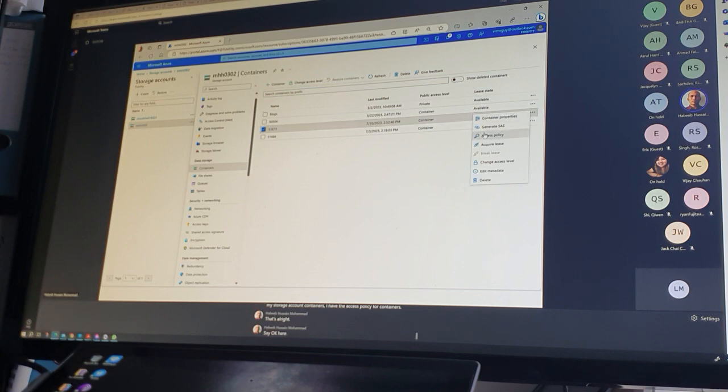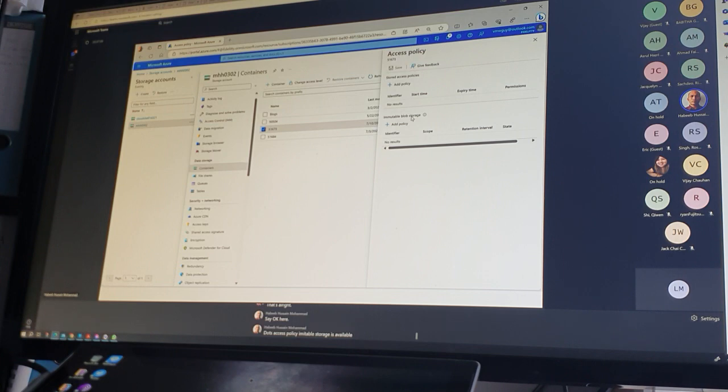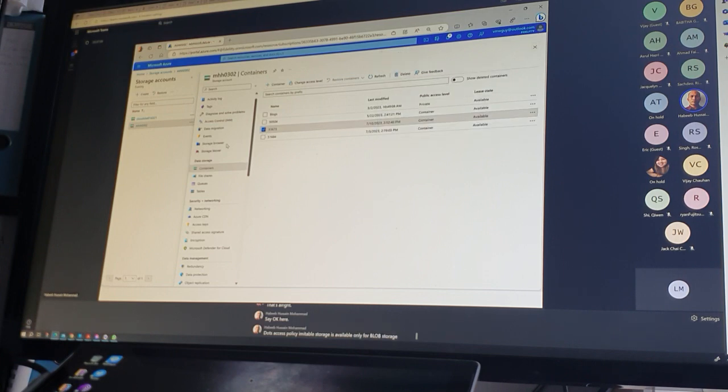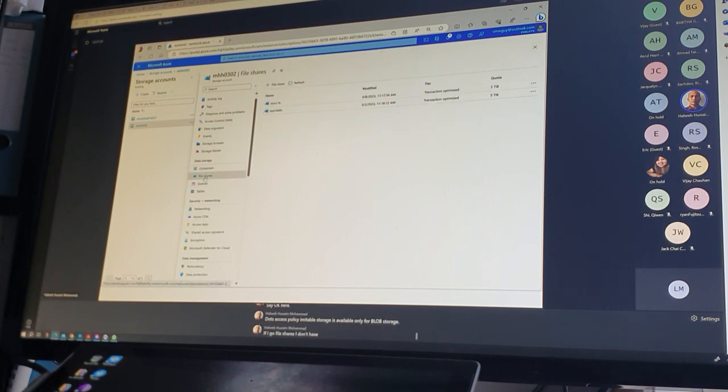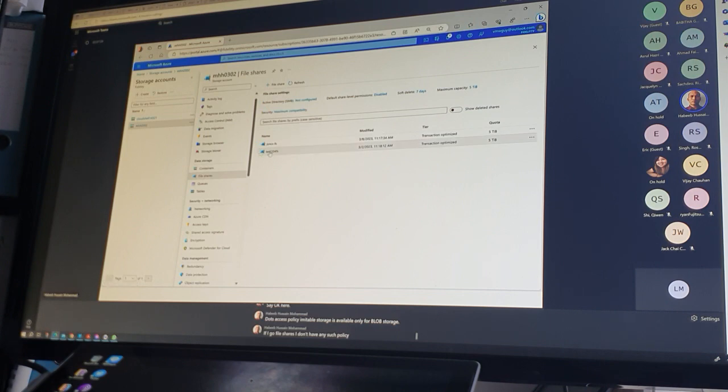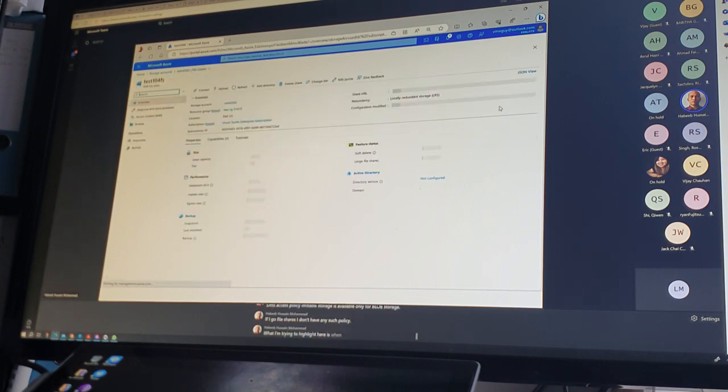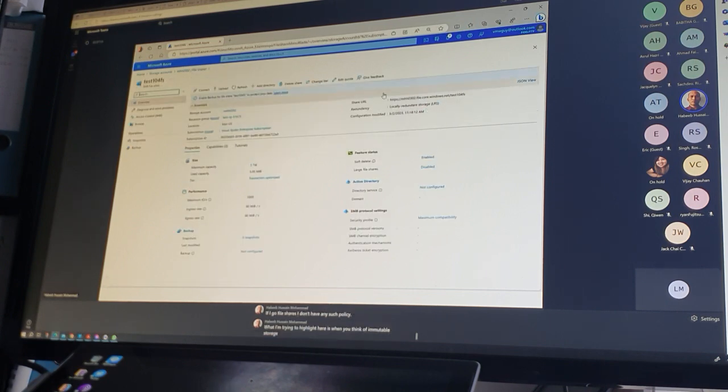Immutable storage is available only for blob storage. If I go to file shares, I don't have any such policy. What I'm trying to highlight here is when you think of immutable storage, you are limited to blob storage only. No option is available for other types of storage offerings.